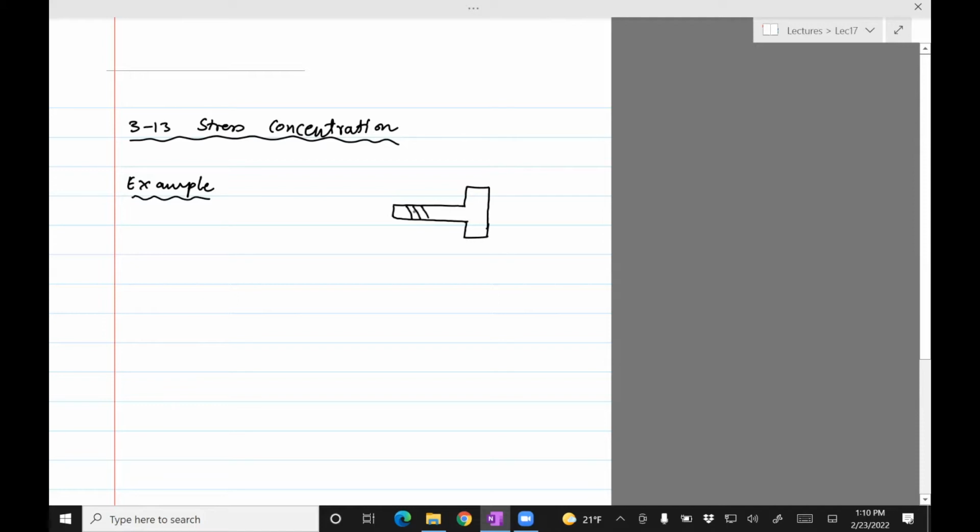it's got some, let's say, threading. This is the head. These are the threads. There are two places where there's a change in geometry, this point and this point.